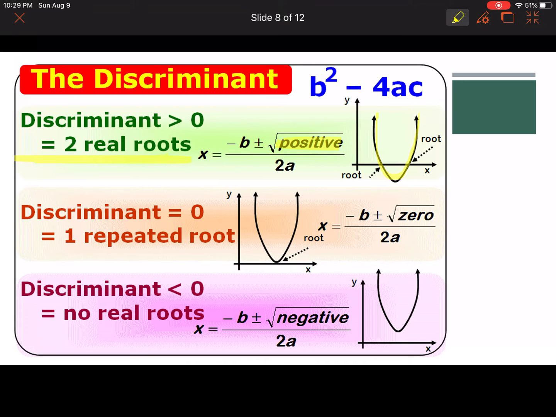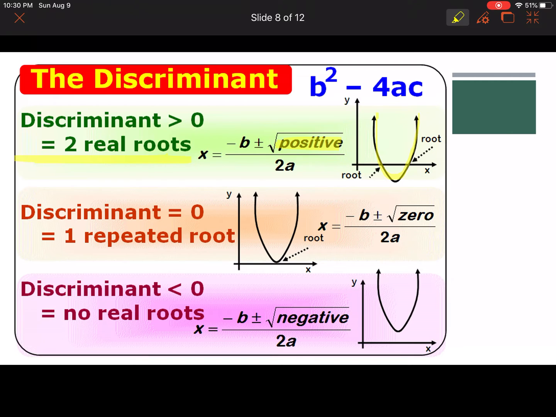That means it has two different solutions, and we can know that the discriminant is positive. We may not know what that discriminant is when looking at a picture. However, if we see that it has two x-intercepts, that discriminant must be a positive number.